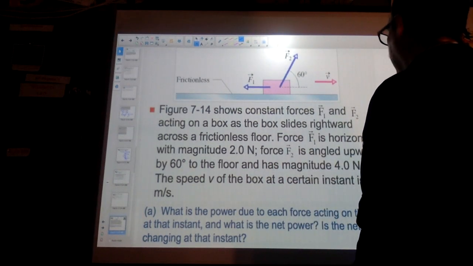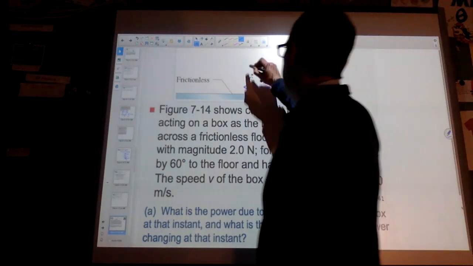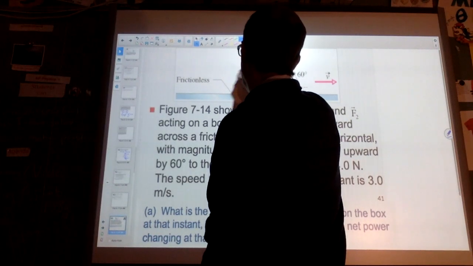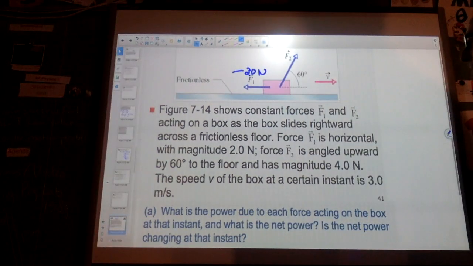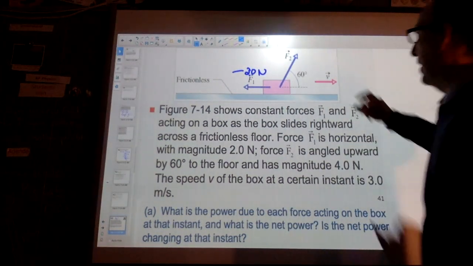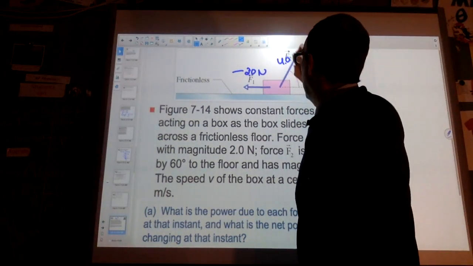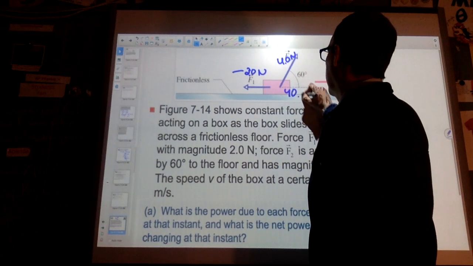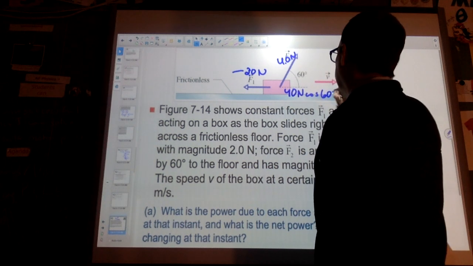Okay, so I know that F1 is 2 newtons. I would say that's negative 2 newtons. And I know that F2 is 4 newtons, but only the horizontal component of it is contributing.